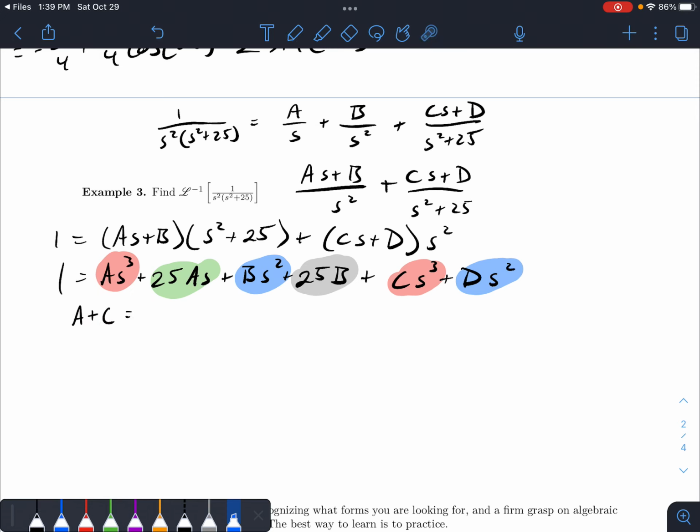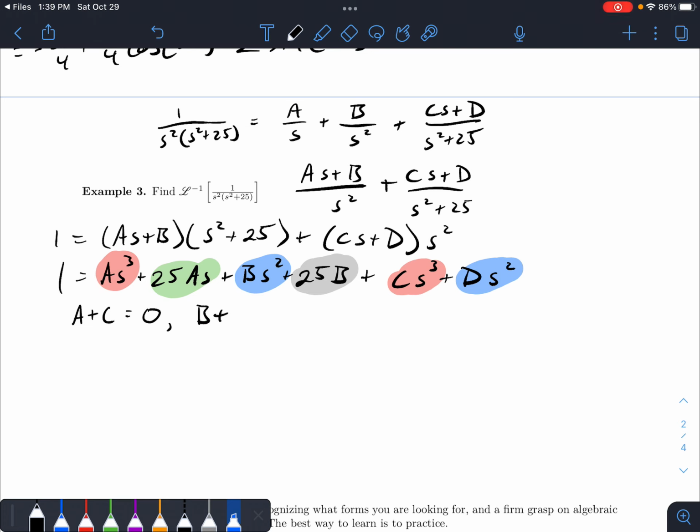All right, so this tells us that a plus c, so there's no s cubed terms over here, there's no s squared terms over here, and there's no s terms over here. There's just the constant. So we do a plus c is equal to 0. We can say that our s squared terms are b plus d is equal to 0.